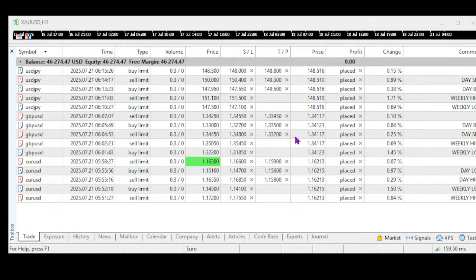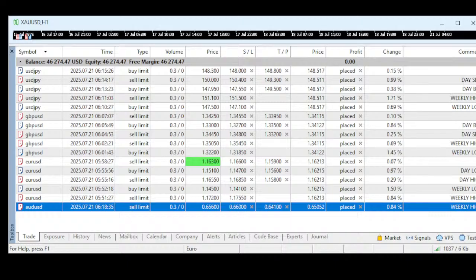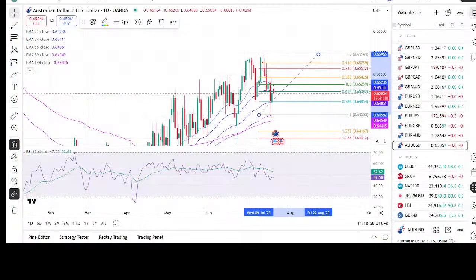Then we'll put a stop at 66, that means 5 pips above the previous high, and TP 64.10, GTC, and this is a weekly high we are expecting. So Aussie 65.60 weekly high we are expecting. So the weekly target of 64.10. So that is going to be our weekly target.